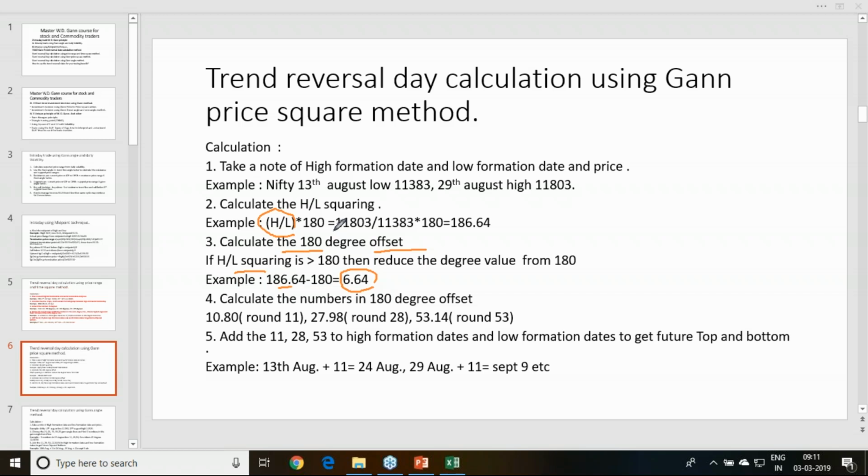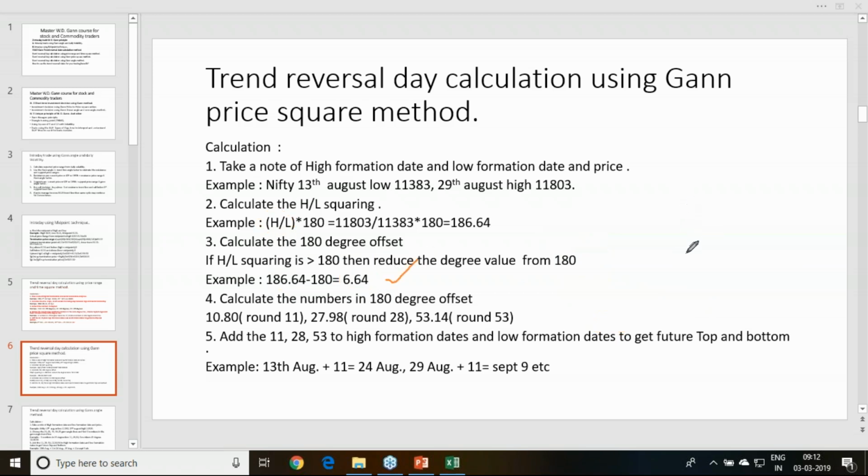If that net value is above 180, then we are just reducing it by 180 to bring it to 6.64. Say if it is 355, you subtract 180 from here, so it will give you 175 degrees. So it is not necessary that it will always give you less than 10 degrees.